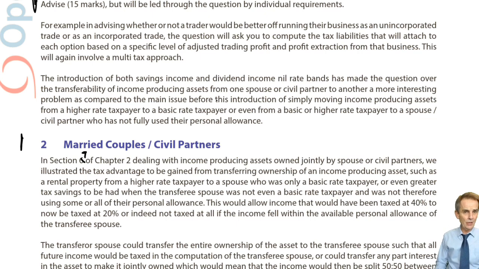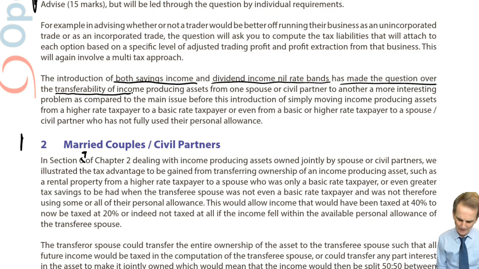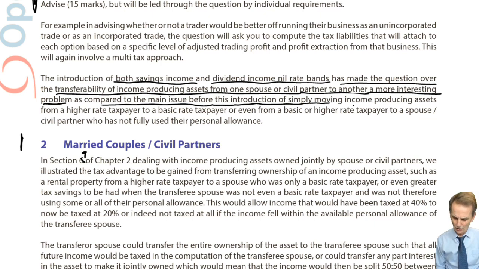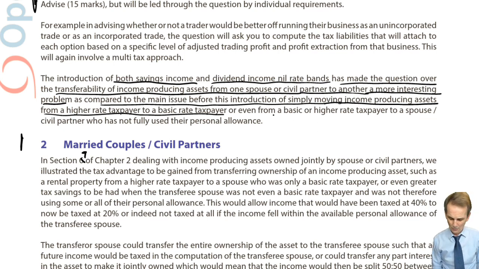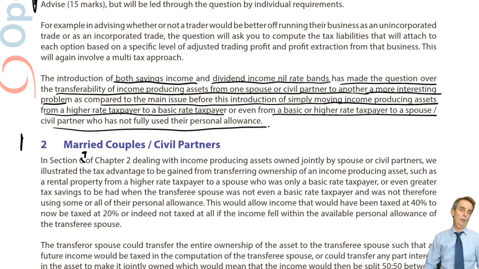Now, the note above this that introduces this says, the introduction of both savings income and dividend income nil rate bands has made the question over the transferability of income producing assets from one spouse or indeed civil partner to another a more interesting problem as compared to the main issue before this introduction, what we saw in the previous lecture, simply moving those income producing assets from a higher rate taxpayer to a basic rate taxpayer, or even from higher or basic to a spouse or civil partner who has not fully used their personal allowance.